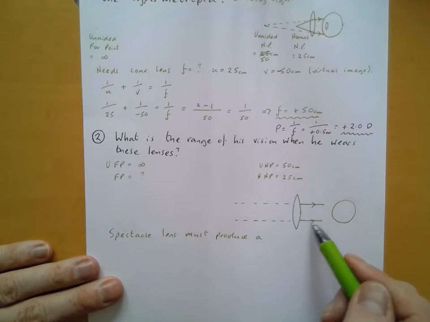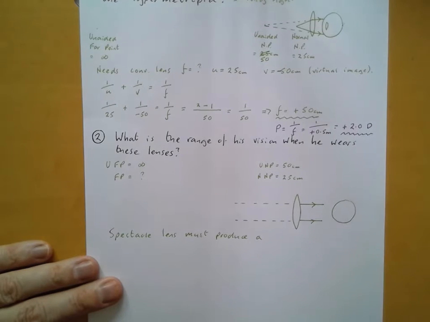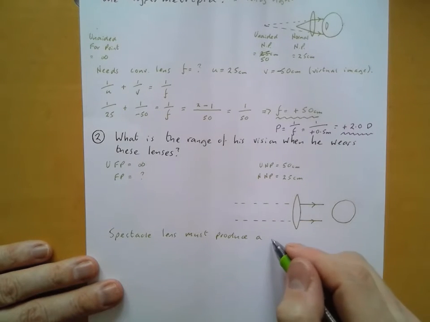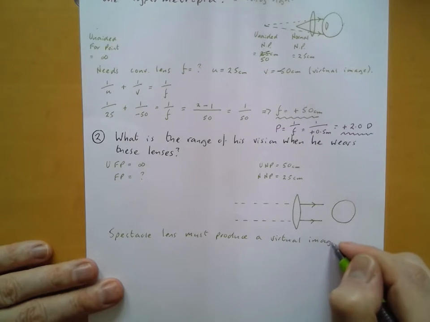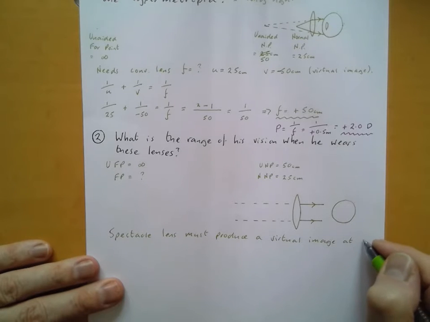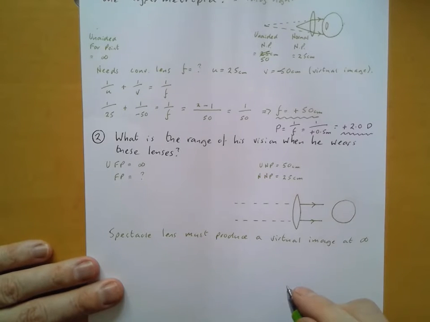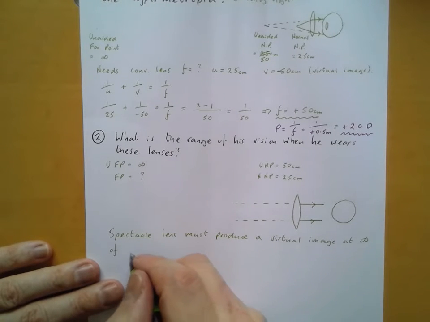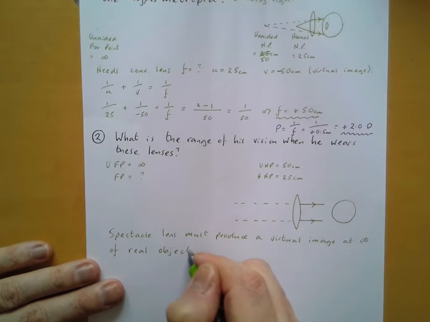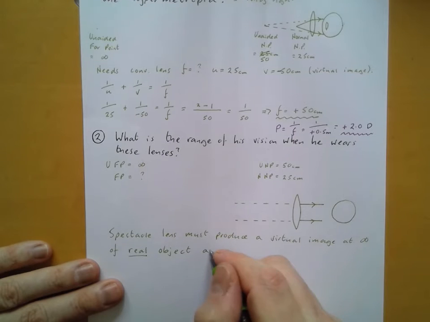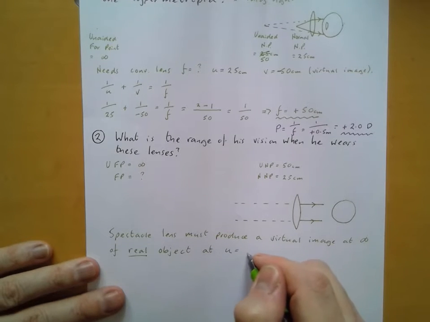And if the rays are coming from an image that is at infinity, they only appear to be coming from that image, so it's going to be virtual. Now, that must be a virtual image of a real object at some u, which is equal to question mark.